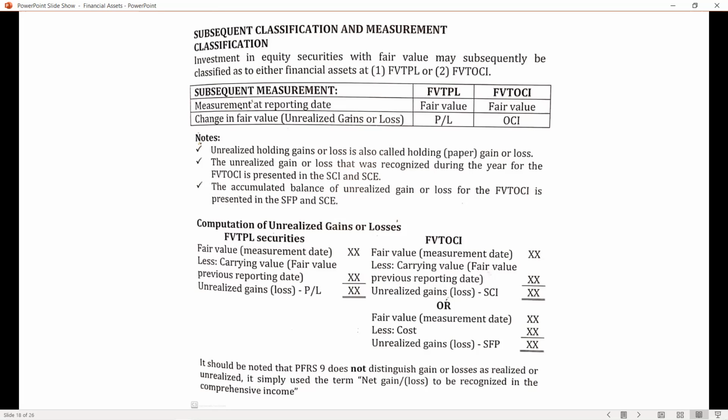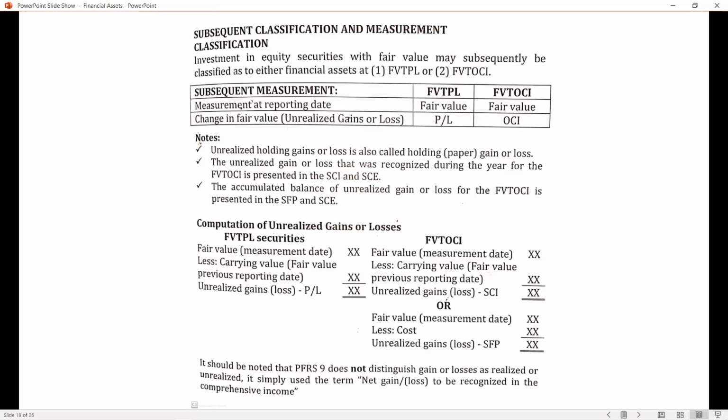Statement of Comprehensive, ano yun? SCI is Statement of Comprehensive Income. And yung SCE is, wala. SCI na dapat siya.